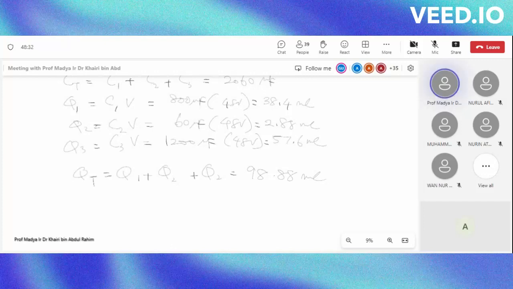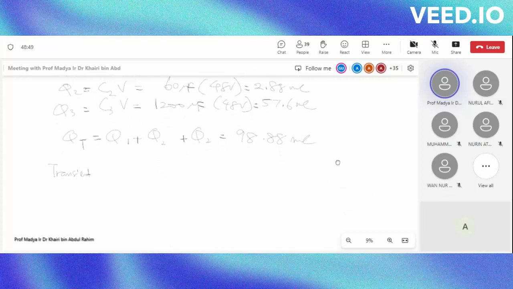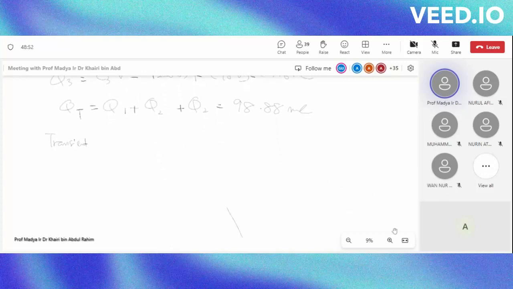So another thing that I mentioned just now is the transient period, right? So again, transient period, because you already understand the concept of transient period. Okay, transient period.